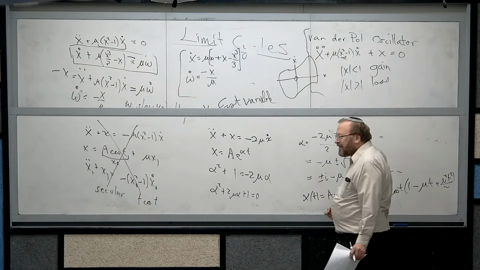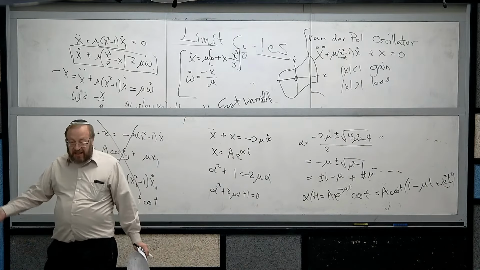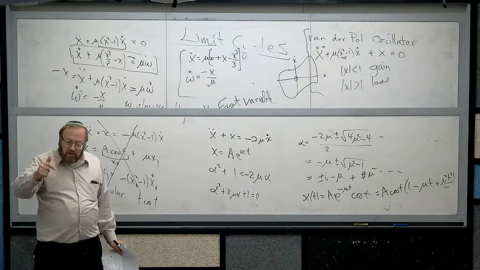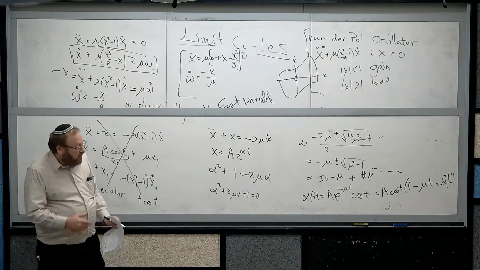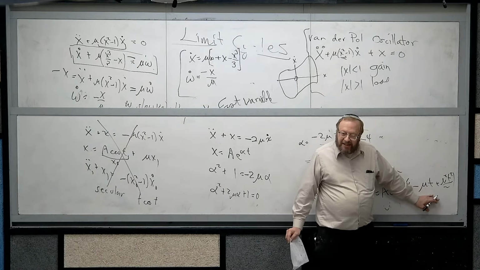The problem is, how long does it take to die exponentially? Since it's a very weak damping, it takes time of order 1 over mu to die. So yes, if t is order 1, then this is correct.